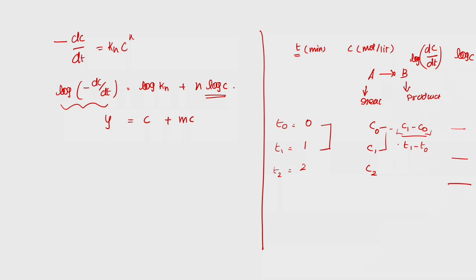If I take minus out, then C naught will come here, so this is minus of C naught and plus C1. So I will have C naught minus C1 by T1 minus T naught. So one minus sign is here, and that is the way I will write minus dC/dt.